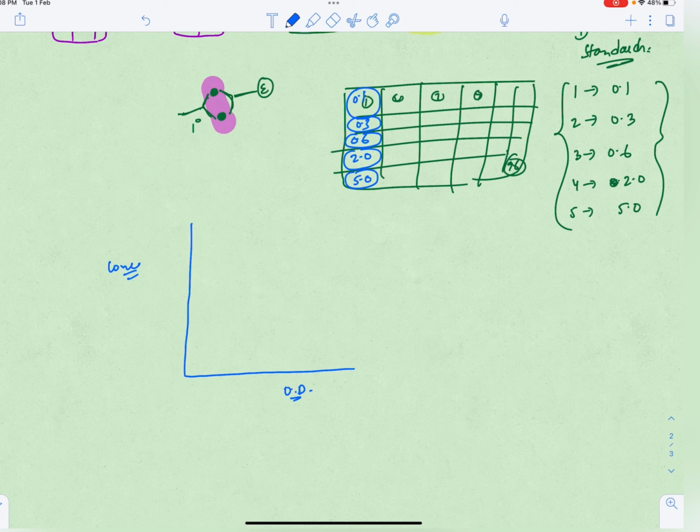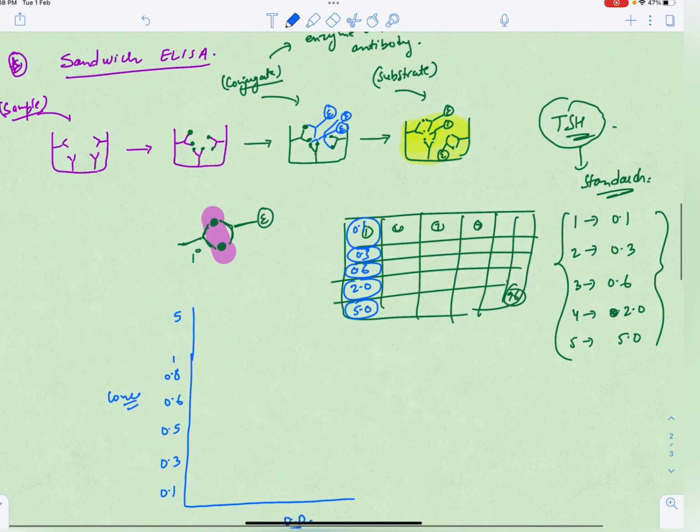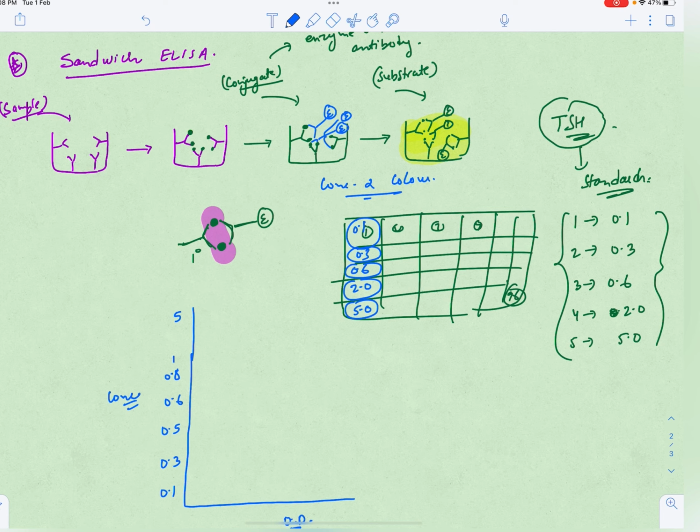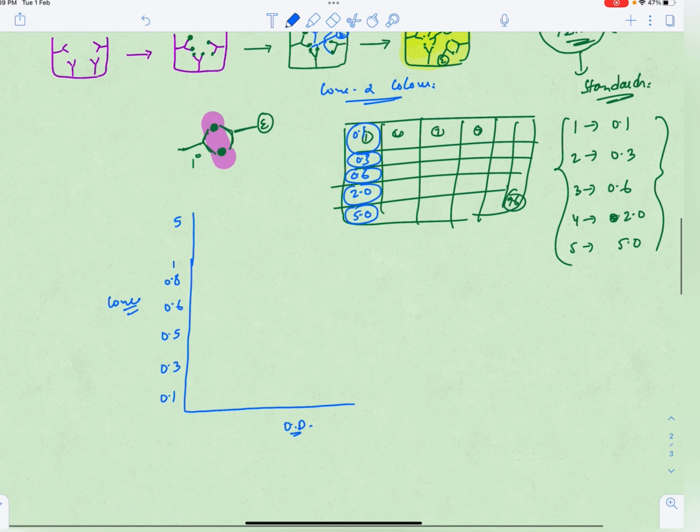Suppose this concentration axis is 0.1, this is 0.3, this is 0.5, 0.6 or 0.8, 1, going up to 5. And I have said already that in sandwich ELISA, concentration is directly proportional to color.